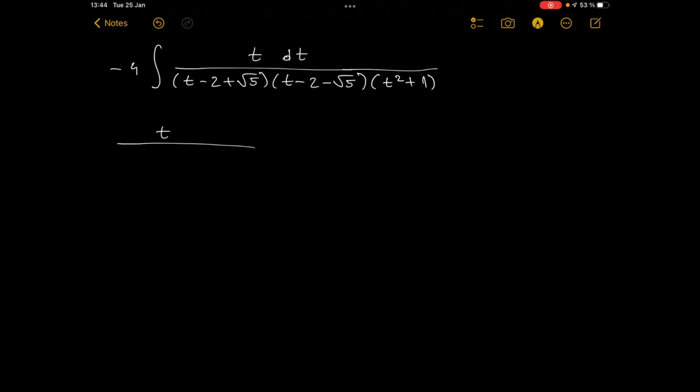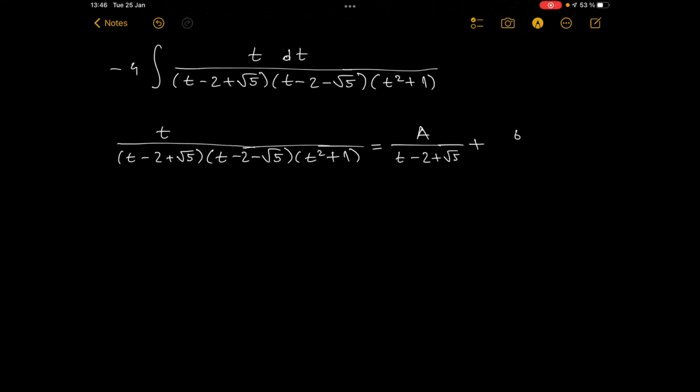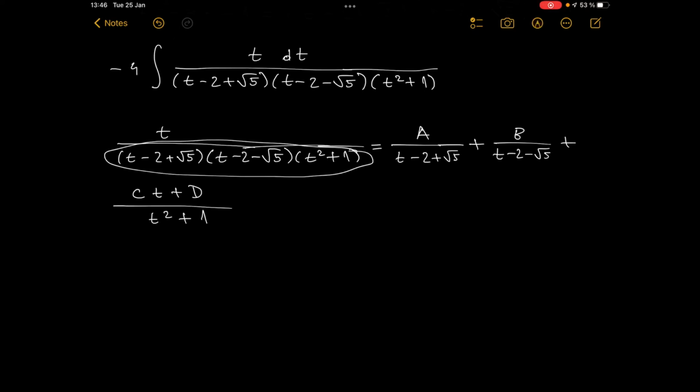I'll rewrite this as t over those factors is equal to a over t minus 2 plus the square root of 5, plus b over t minus 2 minus the square root of 5, plus ct plus d over t squared plus 1.